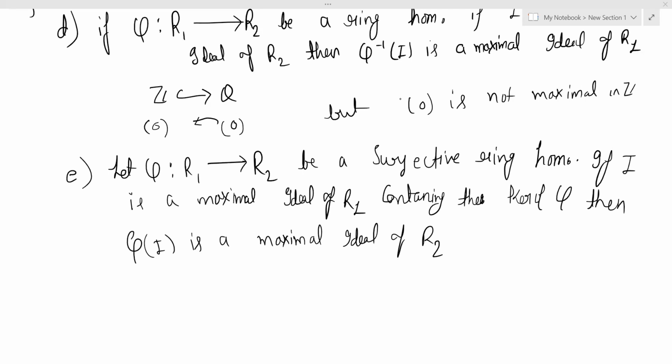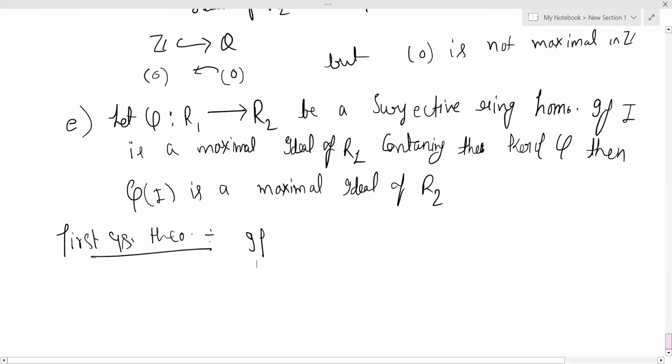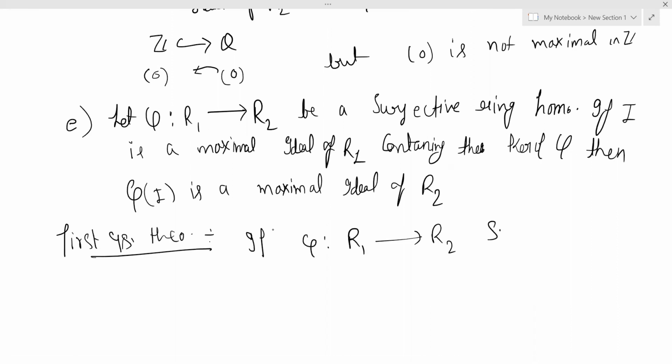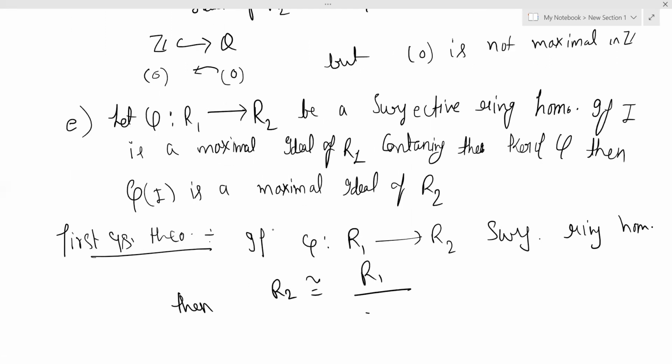The first isomorphism theorem: if phi mapping R1 to R2 is a surjective ring homomorphism, then R2 is isomorphic to R1 mod kernel phi.